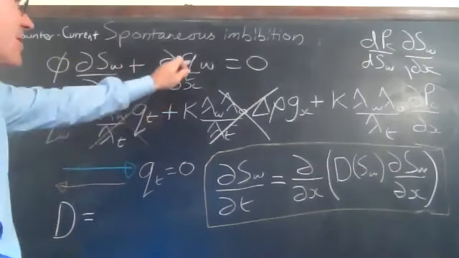So we've got a k, lambda W, lambda oil over lambda T. There's a phi term that we put over here, so there's a porosity term. And then here it's a ds dx, so we've got a dPc by dSw.